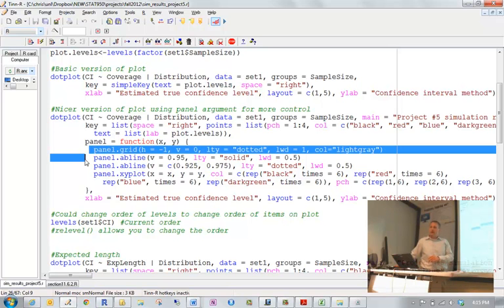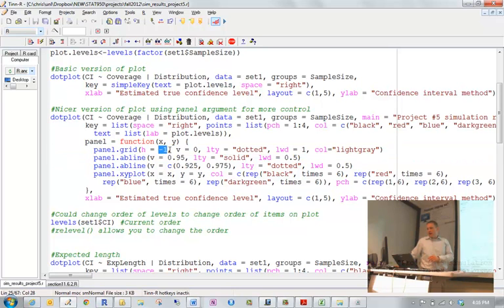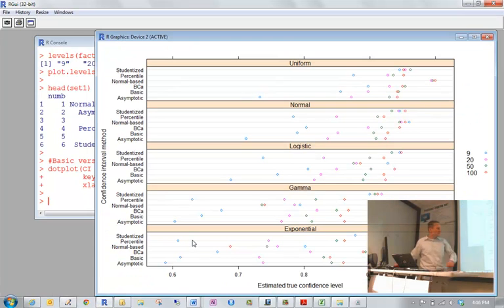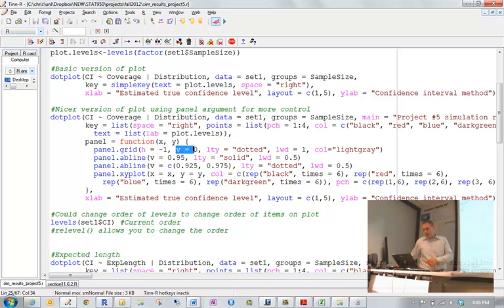I put some grid lines. Horizontal grid, -1. What that simply means is by default, I want these grid lines to be corresponding to what's actually being plotted. Next, v equals 0, that means no vertical grid lines. Line type equal dotted, line width 1, color light gray.